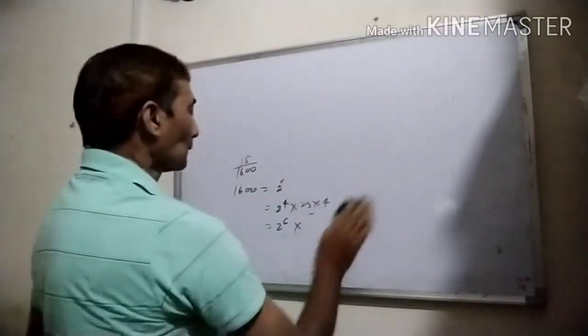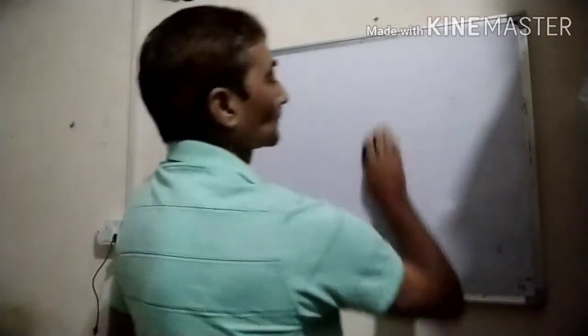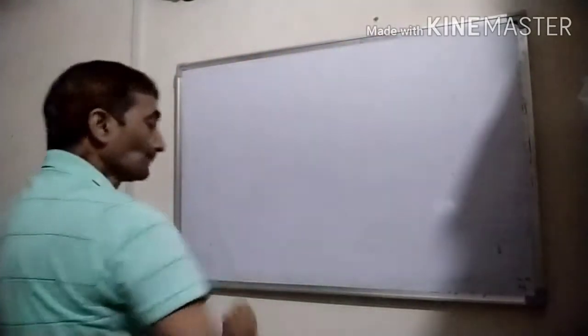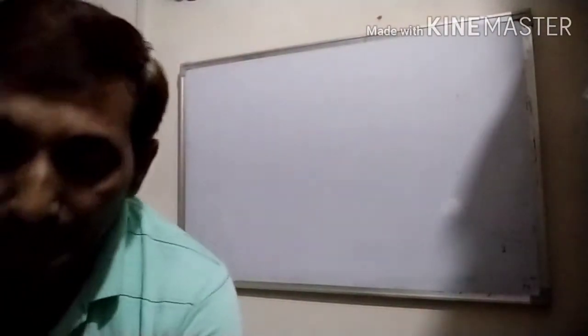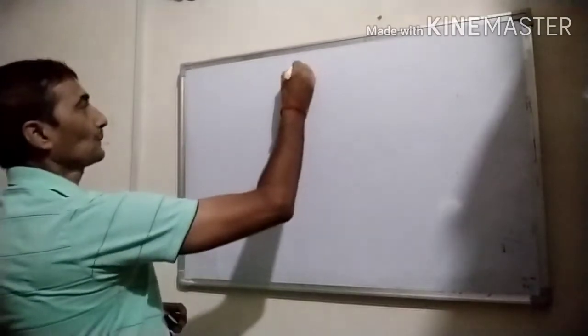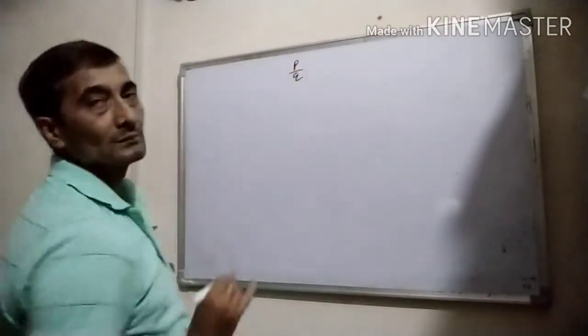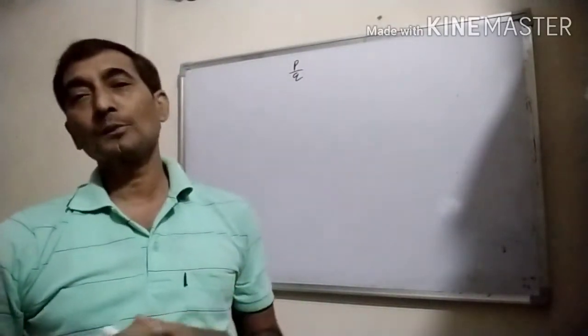Students, when we are going to divide the numerator by the denominator of any rational number, just like P upon Q, where P upon Q is a rational number and P is the numerator and Q is the denominator.